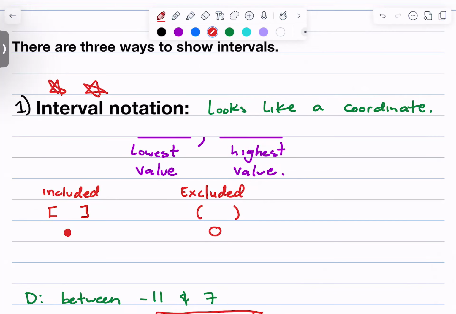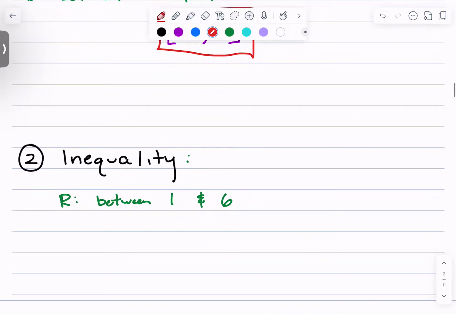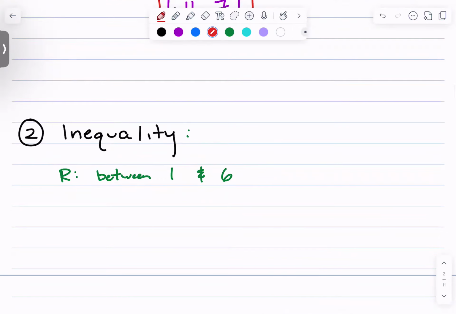Okay, all right. The next one, you guys already know, it's inequality. So if my range is between 1 and 6, how do I represent that in terms of an inequality? If it's two finite points like this, 1 and 6, my lowest value is 1, my highest value is 6.